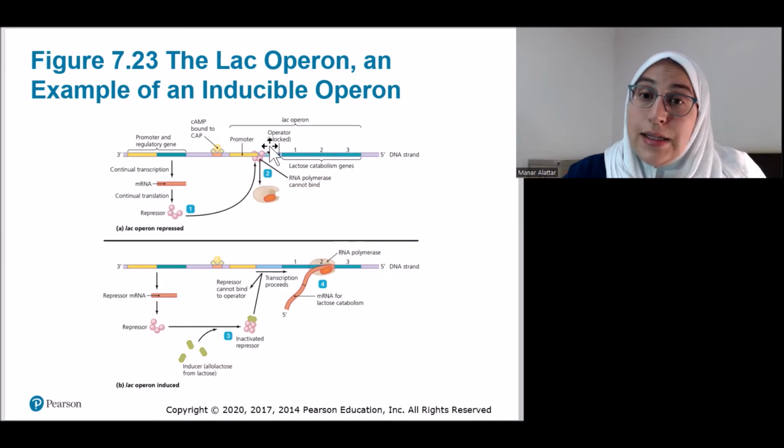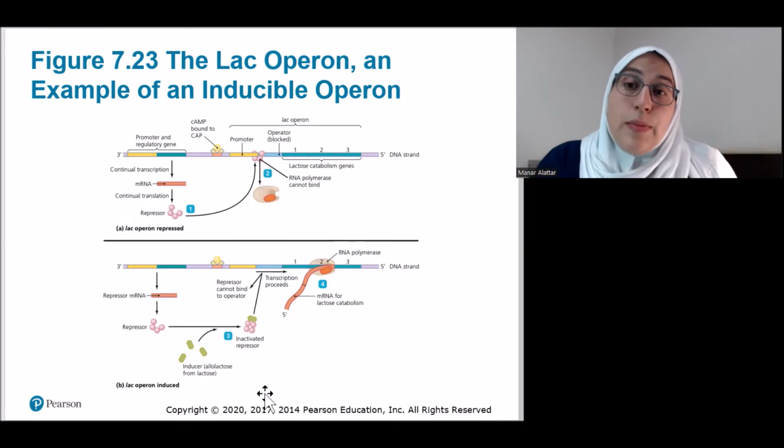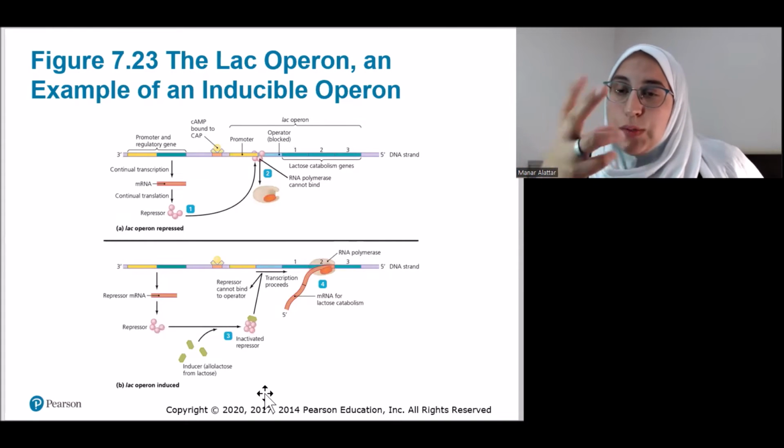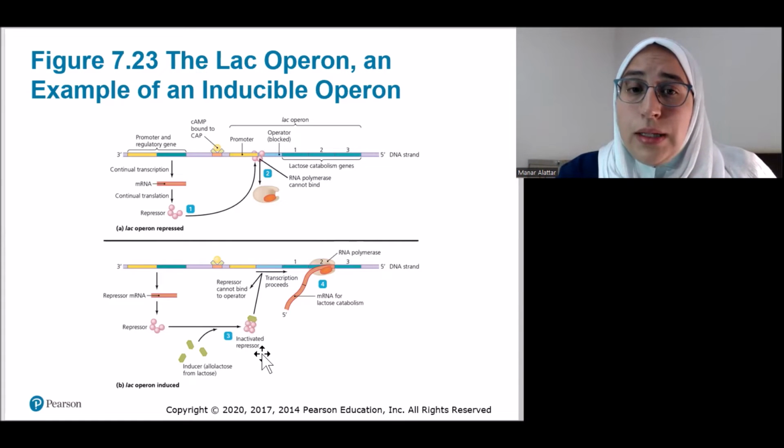And when that repressor is bound, you will not have transcription of the gene. But in the presence of lactose, lactose will be turned into an associated molecule, and that molecule will actually bind to the repressor.